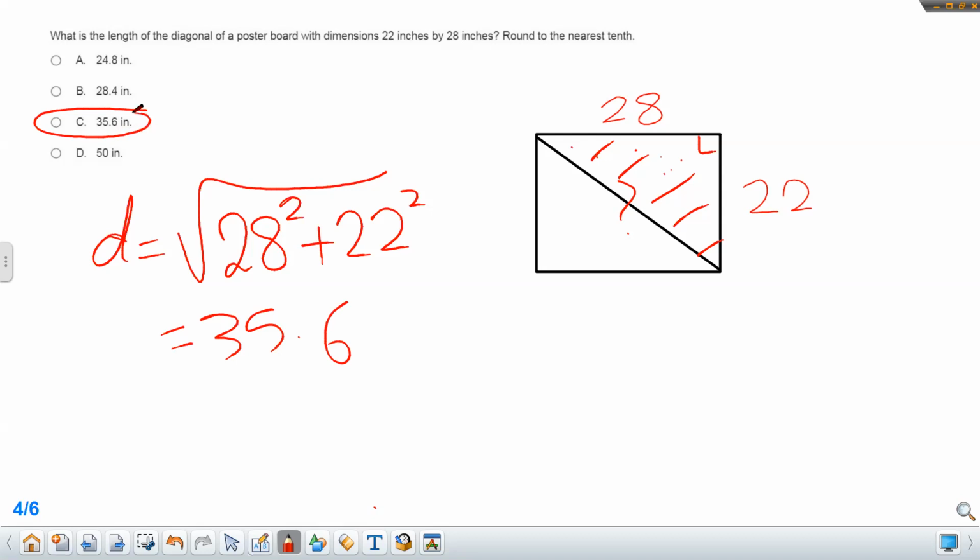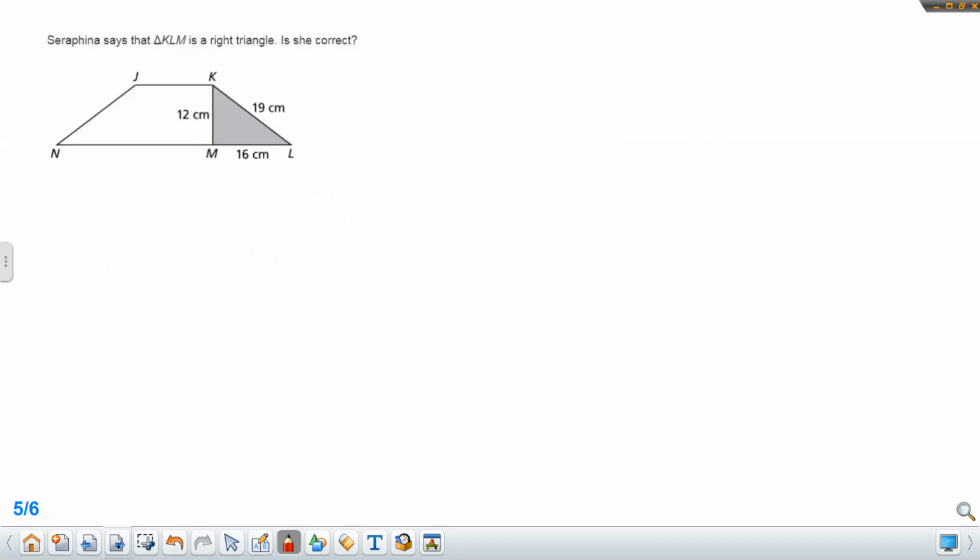Okay, go to next. Serafina says that triangle KLM, which is this one, is a right triangle. Is she correct? Okay, who can check whether this triangle is right or not? First, take the greatest side, 19, and make the square of it.